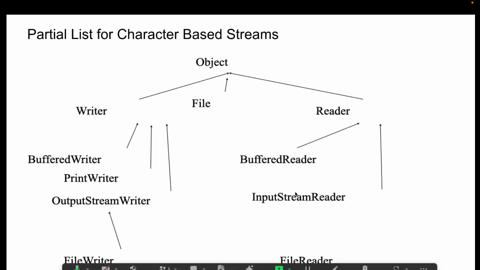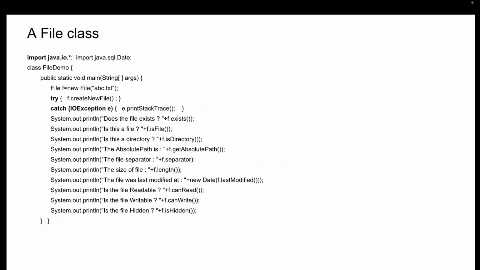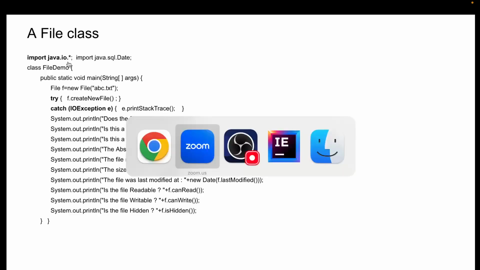So we'll see one by one what the most important ones are and which are mostly used while we perform operations. So let's see how we create a file in Java. These are contained in the java.io package. Okay, let me just go through a demo and that will give more clarity.